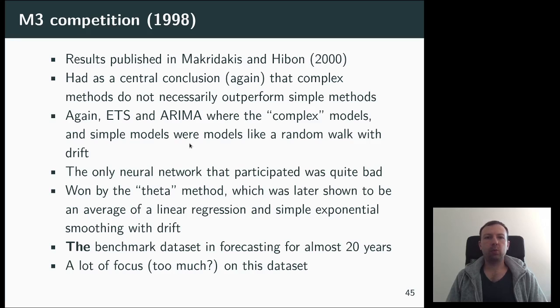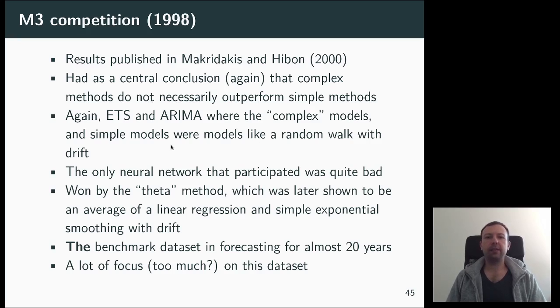Then nearly 20 years later, Makridakis and Hibon organized the M3 competition. There was another M2 competition that was a bit different, so I'm not covering it here. The results were published in a paper in 2000. And this competition again had as a central conclusion that complex methods do not necessarily outperform simple methods.